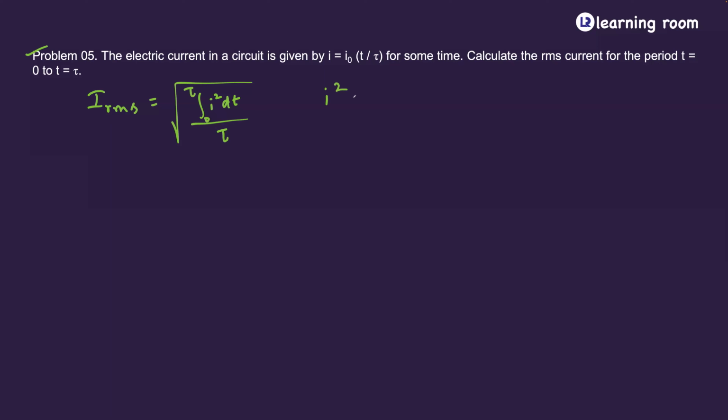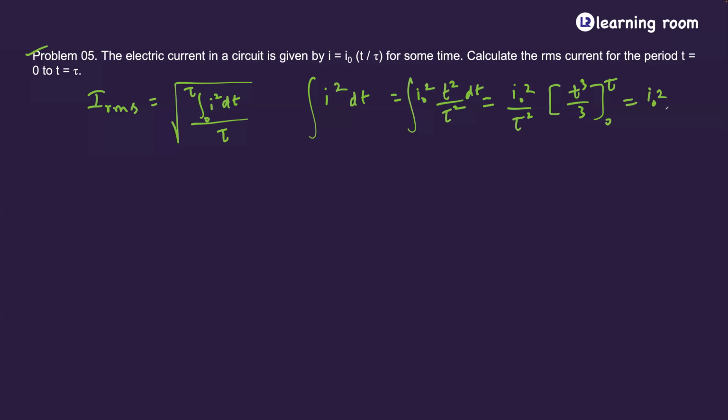So calculate the numerator separately. If I have I square dt, what is it? It is I naught square into T square divided by tau square, right? And I need to find the integral of this. So in the integral of this, I naught square divided by tau square is taken out. What is the integral of T square dt? T cube by 3, between which limit? 0 to tau, right?